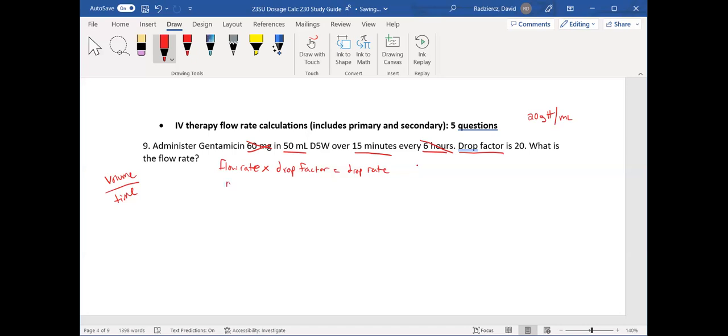Flow rate is typically milliliters per hour or milliliters per minute. Could also be cc's per hour, cc's per minute. My drop factor will always be drops per milliliter. And my drop rate is going to be drops per minute.